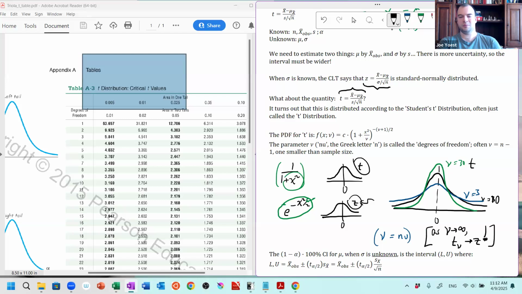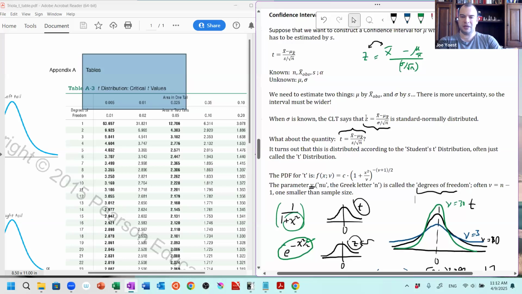This is a really practically useful fact to know, and we'll see why in a couple minutes. But t distributions with larger and larger values of the parameter, what is called the degrees of freedom, start to look more and more like normal distributions. This kind of makes sense, right? What's the main difference between z and t up here?